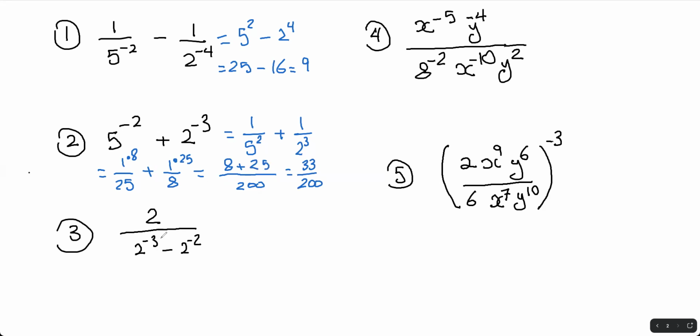This one is a bit harder. This one, you're going to have 2 all over. This, I'm going to flip this, make it 1 over 2 cubed, minus, this is going to be 1 over 2 squared, which gives me 2 over 1 over 8 minus 1/4.